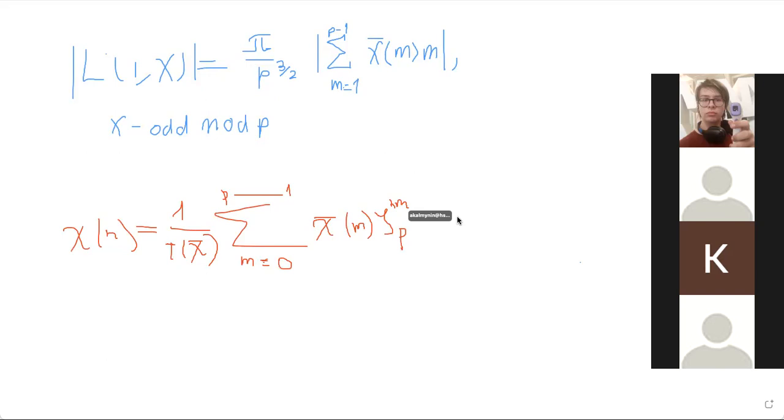Then you should insert this formula into the definition of L(1, chi) and get something useful out of it.